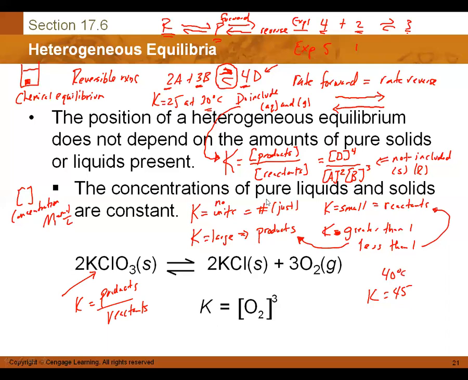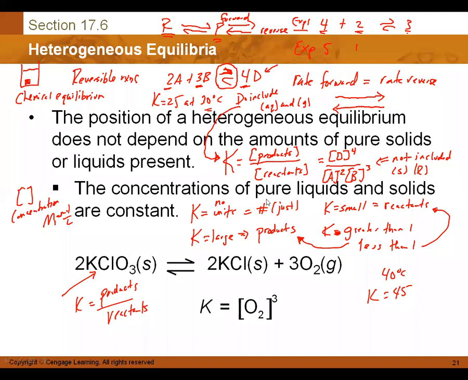Heterogeneous equilibrium, much like heterogeneous mixtures, means that you have things in different phases. Here we have some solids, some gases and so forth. That's different than a homogeneous equilibrium, which we also talked about at the end. Homogeneous, just like a solution, means it's the same throughout. So in a homogeneous equilibrium, everybody's in the same phase.